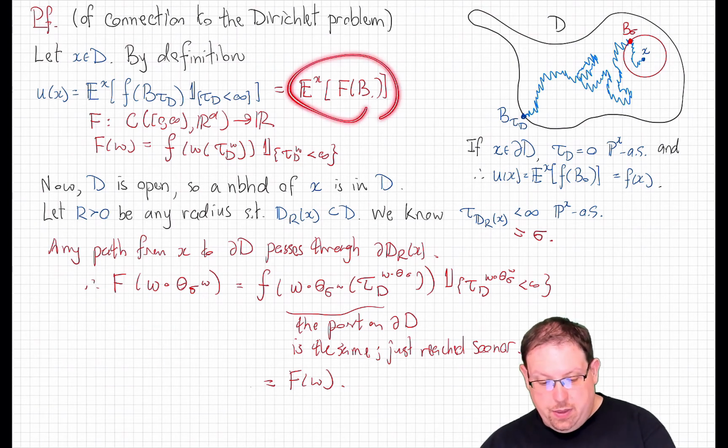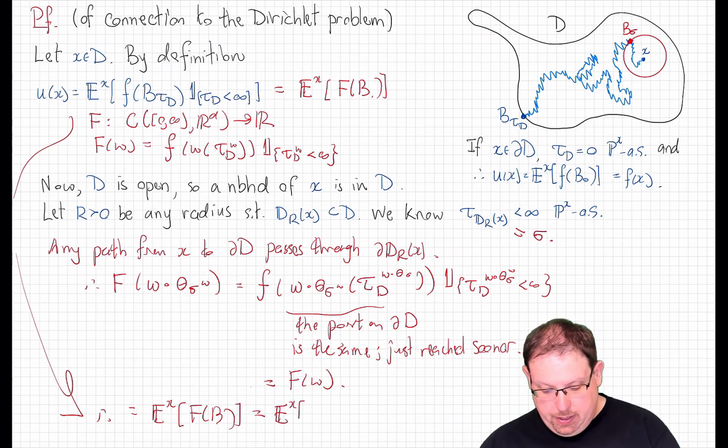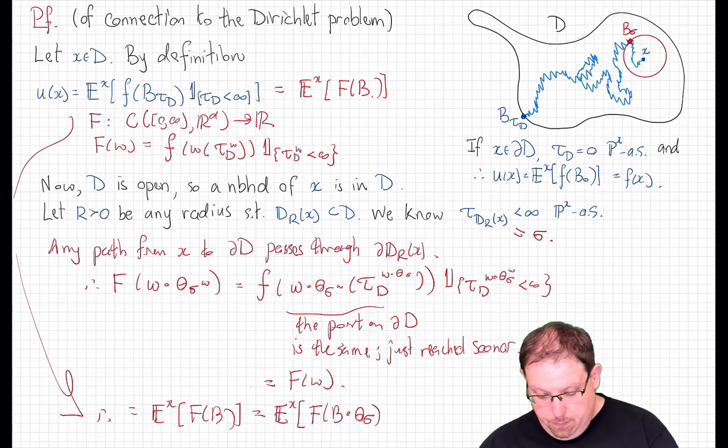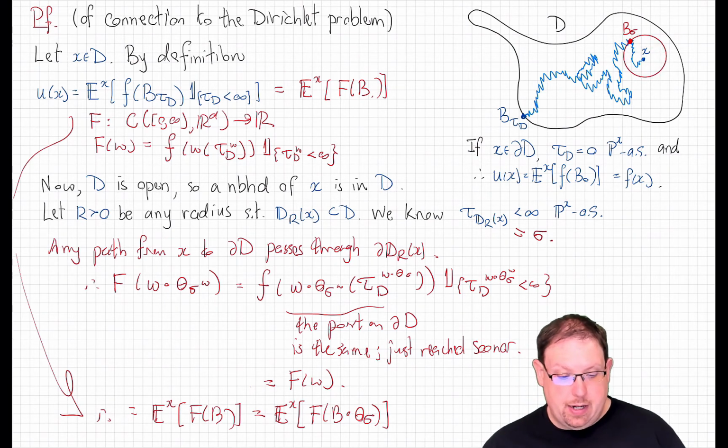So together with this, what that tells us is that u of x, which is the expected value starting in x of f at the Brownian motion, could alternatively be written as the expected value starting in x of f at the Brownian motion composed with the shift by this stopping time, the time of first exit from the disk of radius r centered at x.